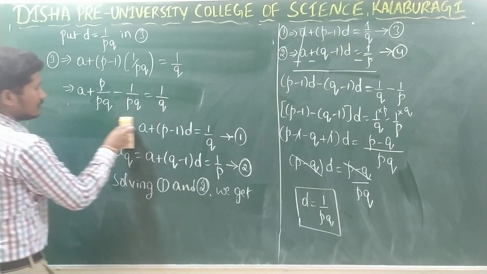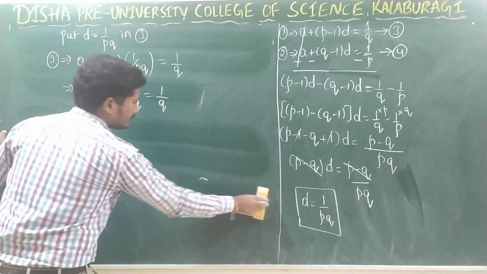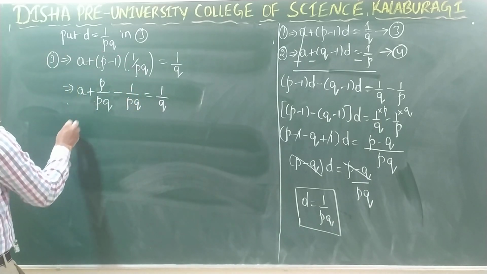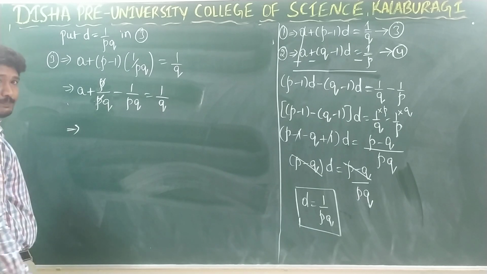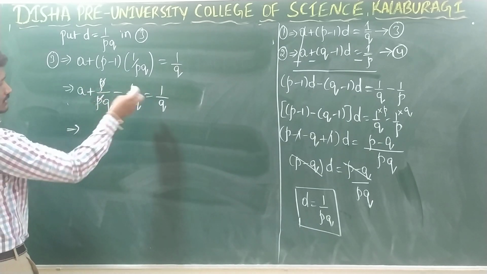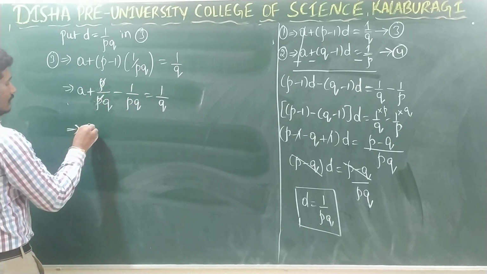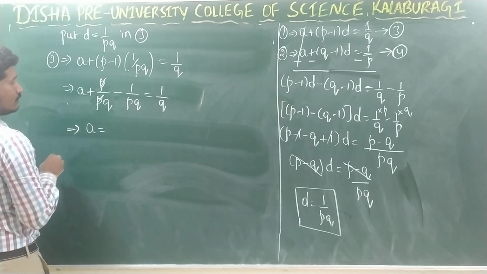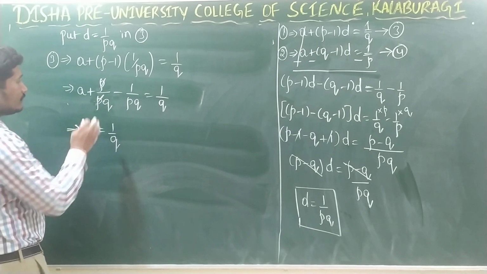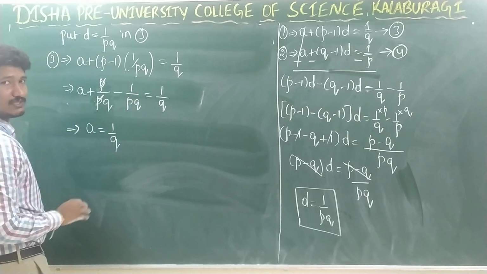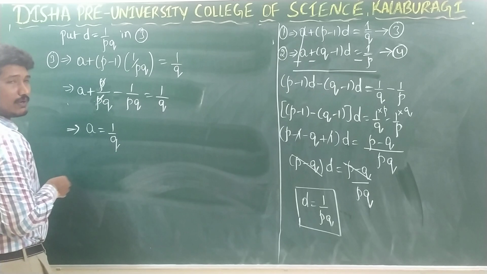See here, this implies p gets cancelled here. So transfer that side. a is equal to 1 by q. You need the value of a, so let us transfer all these terms to the RHS. a is equal to 1 by q as it is.